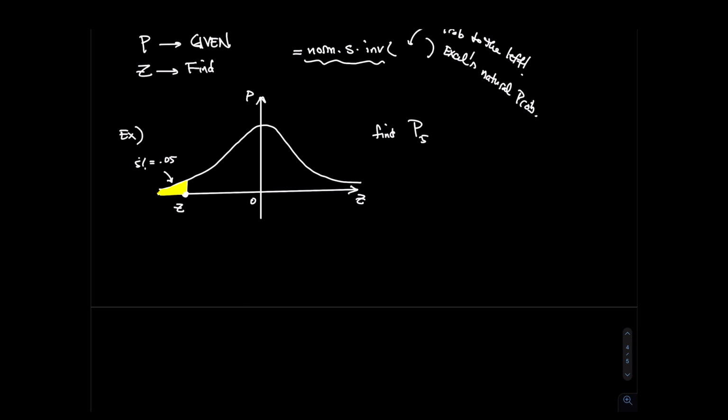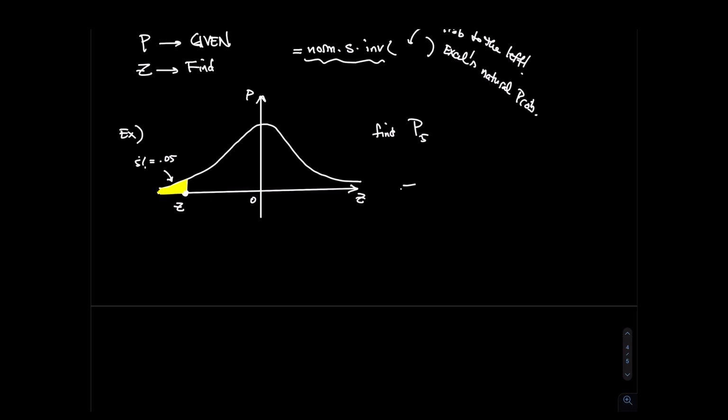So all of that means the same thing. Now, how do you find it? Well, we type equals, we're dealing with a normal distribution. It's a standard normal distribution, and it's an inverse problem. And all you have to do here is put in the natural probability for Excel for that particular z value. And natural probability for Excel is the bottom area, which in this case is literally given to you. It's 0.05. So you just type 0.05.